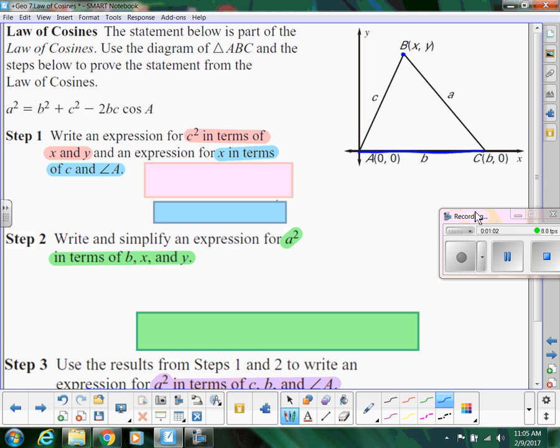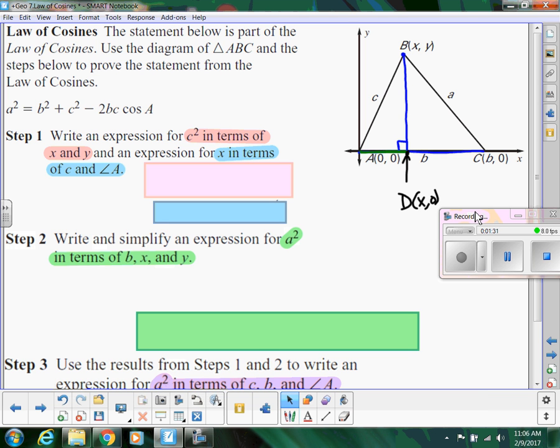In order to think about this, I want to drop down an altitude so that we have right triangles. Let's call this point D, where the altitude is. That's point D, and remember, that would be (x, 0).